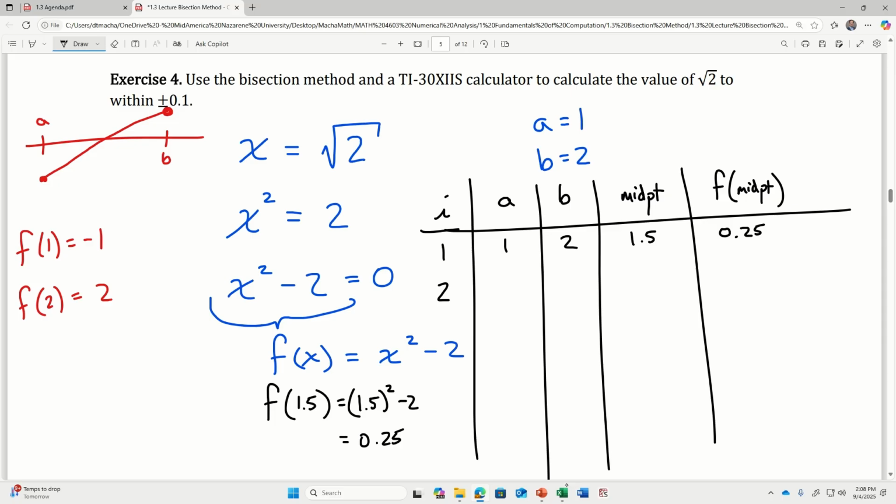Okay, so now, back to my table. If at 1.5 the value is positive, what's my new lower bound? 1. What's my new upper bound? 1.5. Now what's my midpoint? 1.25. And what is the value of my function evaluated at 1.25?